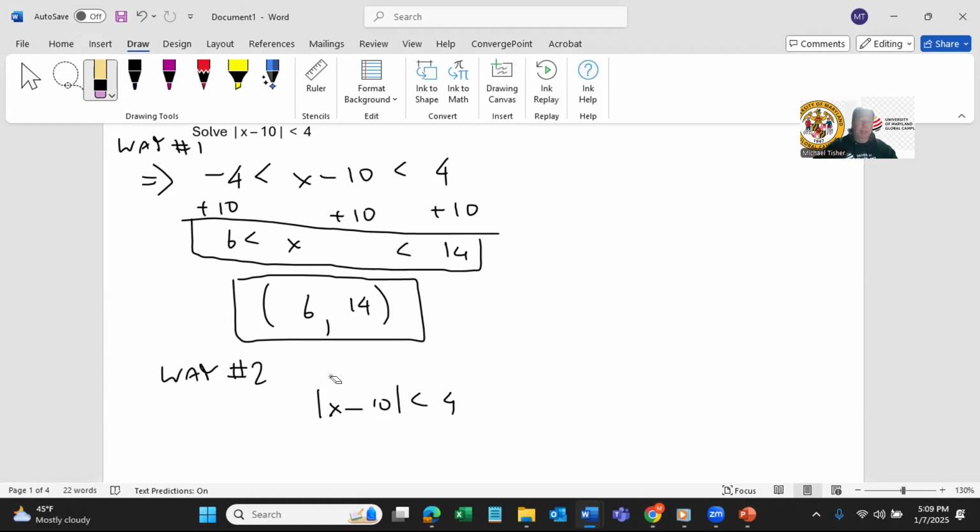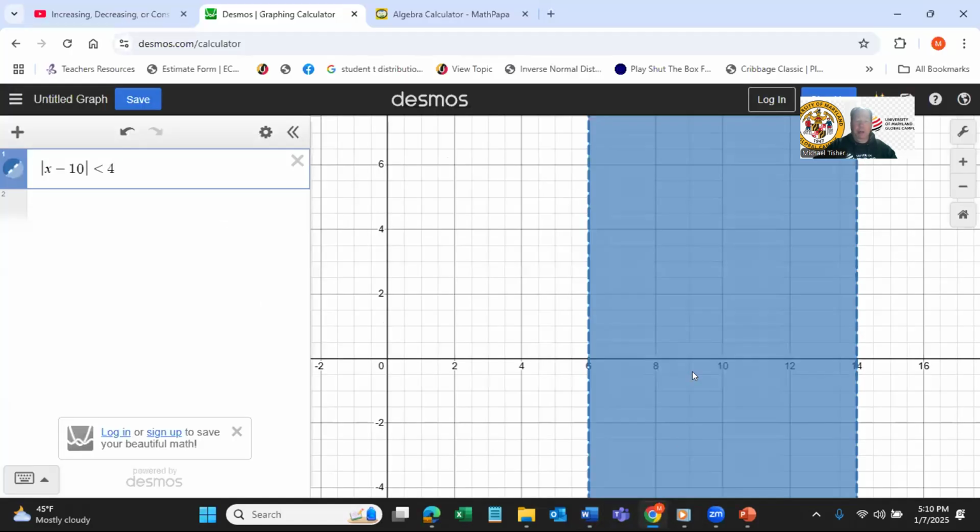All right, now let's go back to way number 2. We typed in the inequality just like it is in the graphing calculator, and the shaded region is where the answer is. Notice that it's shaded between 6 and 14. And again, the dotted lines mean we do not include the number at that dotted line. So once again, we get parenthesis 6 comma 14 parenthesis.